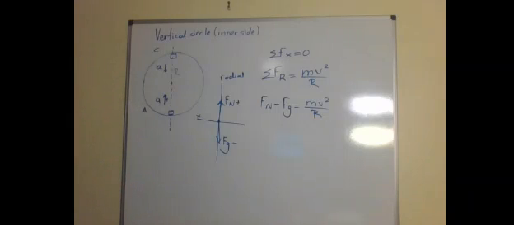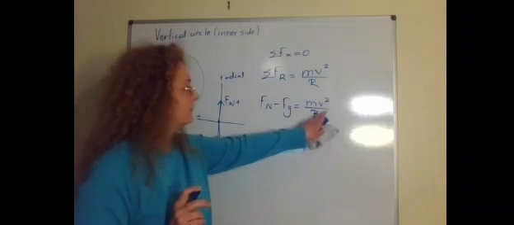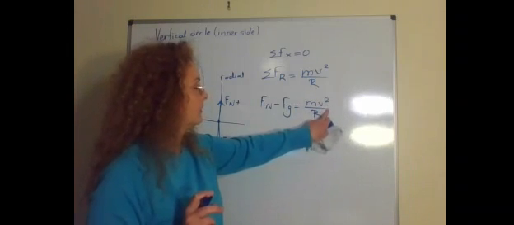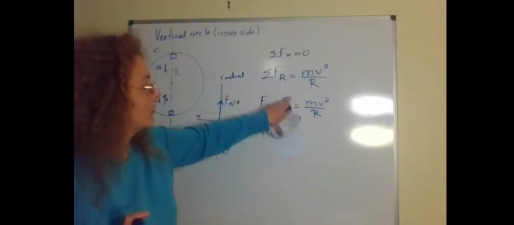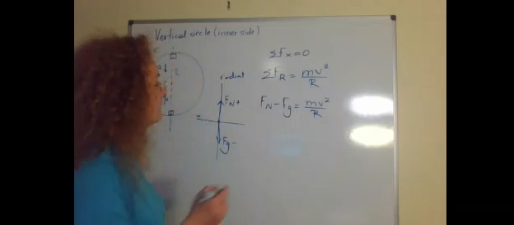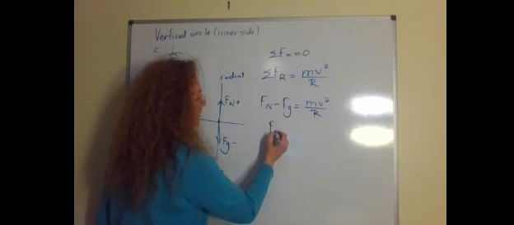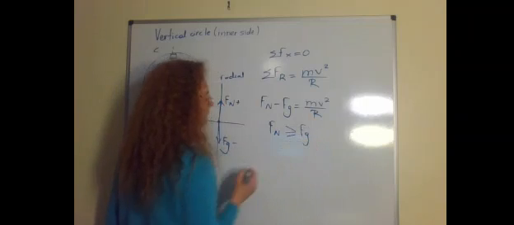All right, so this is the case now. Even if the speed becomes 0, the normal force still has to play the role of balancing gravity. So in this case, we see that the normal force can be no less than the force due to gravity.